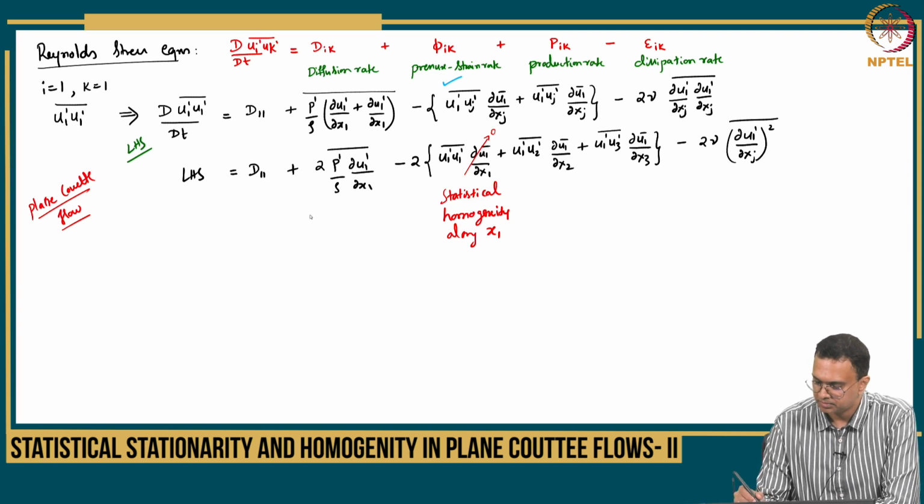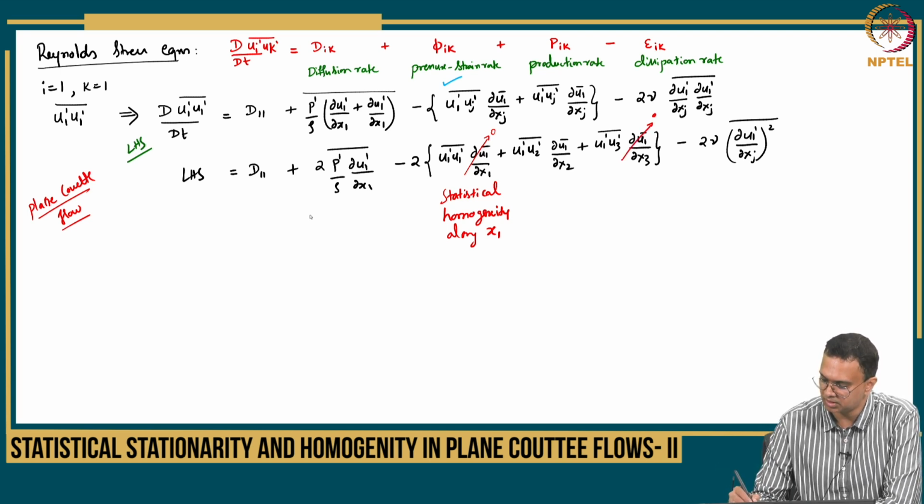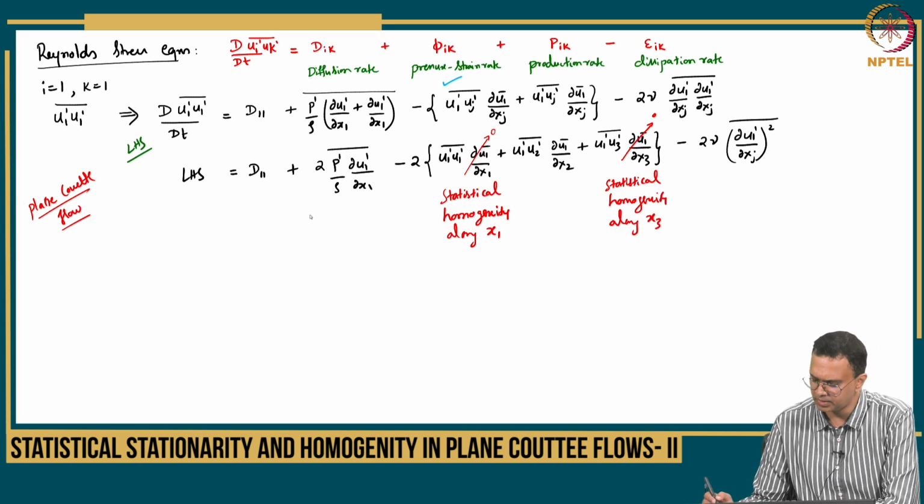What about the second one? This is non-zero because this is the main gradient term that you have, mean strain gradient. X2 is the wall normal direction, right? So this term remains. What about the third term? 0, dou by dou x3, right? So this is 0. Same thing here, statistical homogeneity along x3 as we discussed.